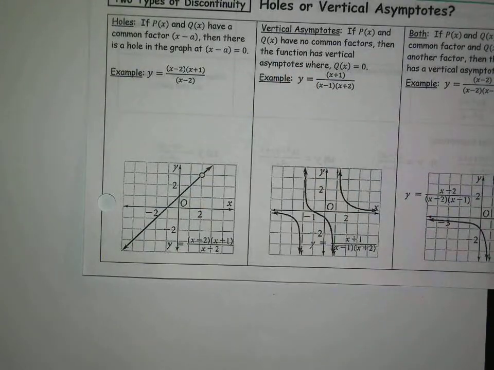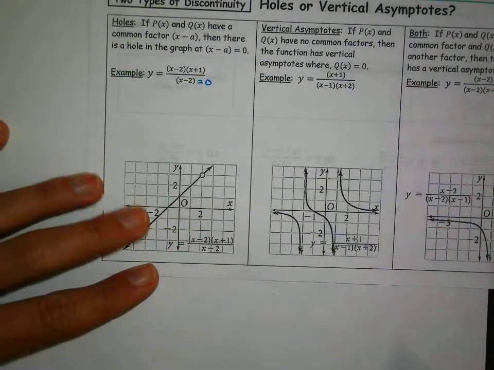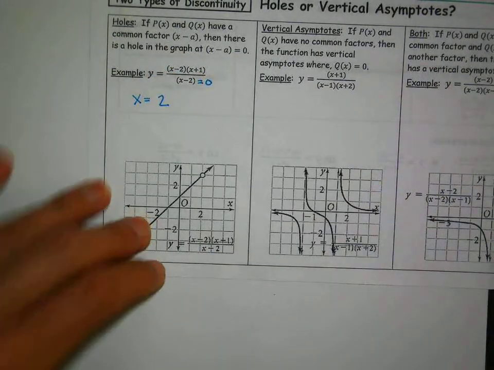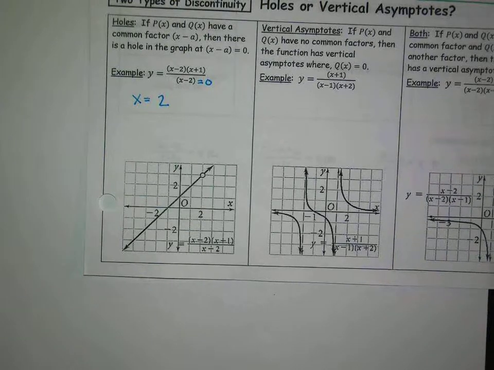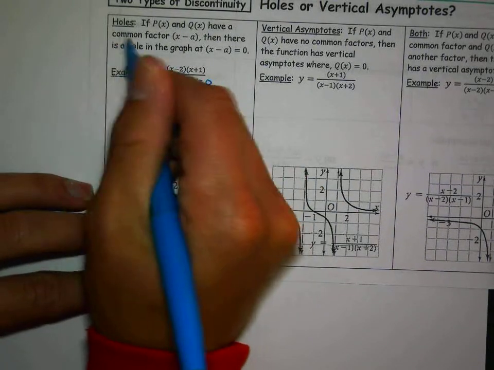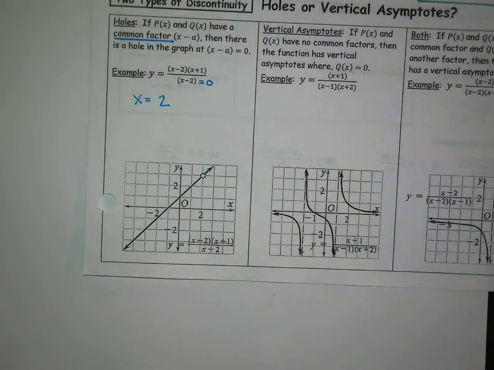So on this first example, let's first just find the points of discontinuity. Tell me, if I set the bottom equal to 0, what is my point of discontinuity? Positive 2. Now I want to determine whether that is a hole or a vertical asymptote. Holes have a common factor on the top and the bottom.